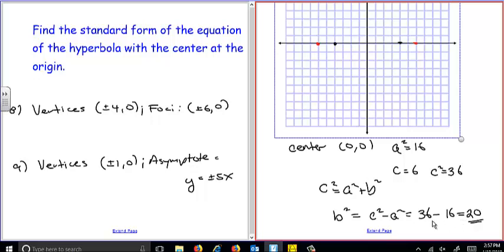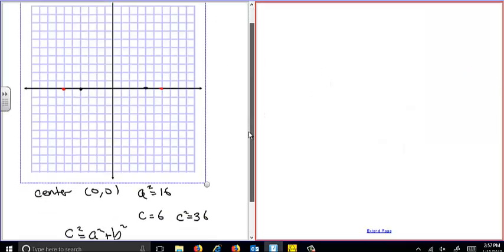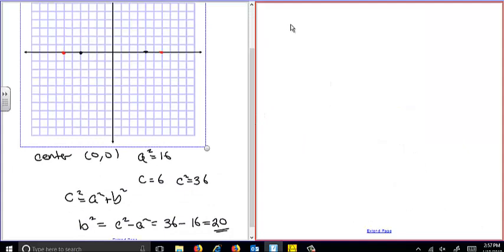Now we don't have to take the square root, because the standard form is going to be x minus h squared, and it's positive x because we have a horizontal transverse axis, so that's the correct thing, over a squared minus y minus k squared over b squared is equal to 1.